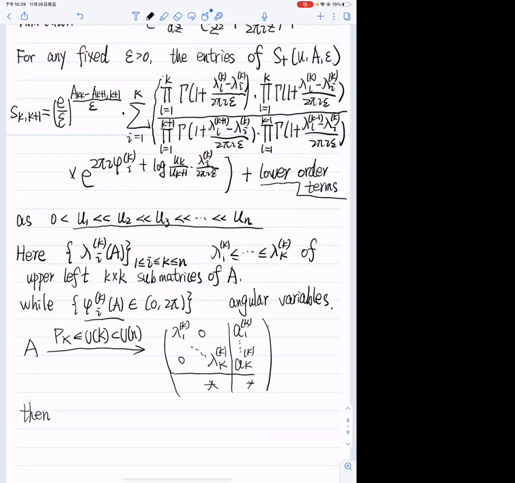Then we can take phi_Ki as the argument of A_Ki. So this is a function on an open dense subset of the n by n Hermitian matrices, cut out by the strict interlacing inequalities. In this way we can take the argument.